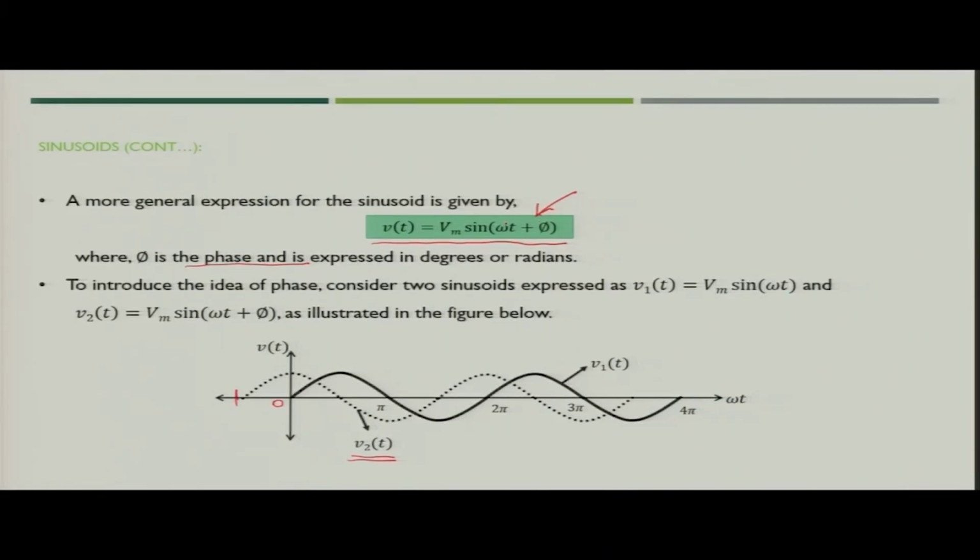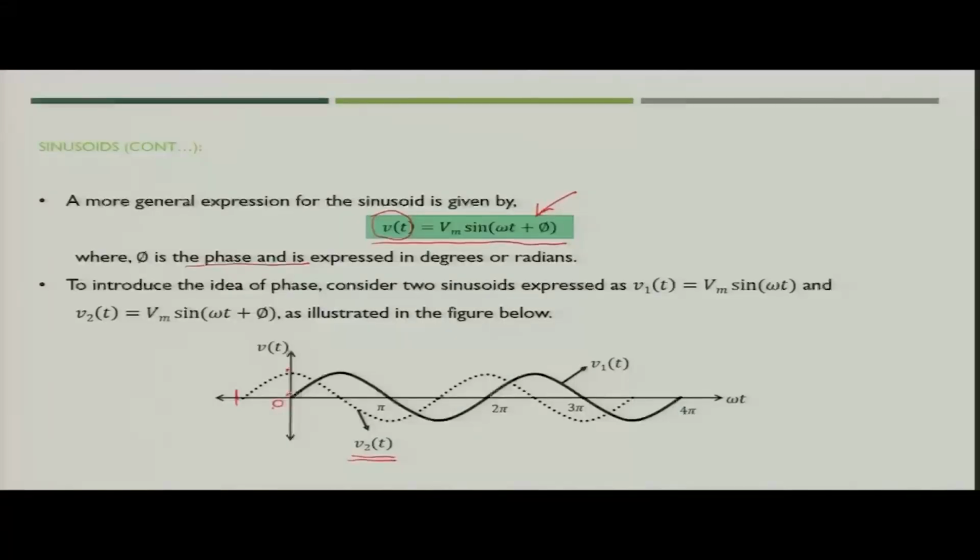So, if you put t is equal to 0, you will get some value, Vm sin phi. It means that at time t is equal to 0, this signal has some value. That is why it is having some positive value at time t is equal to 0. That means that it is starting before the 0 value, that is, before the origin, as we say in common terms.